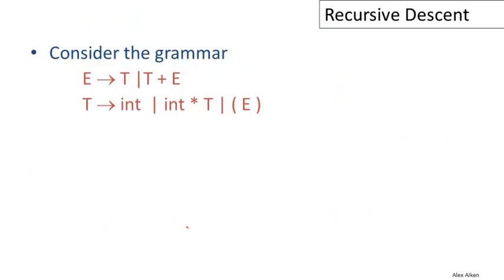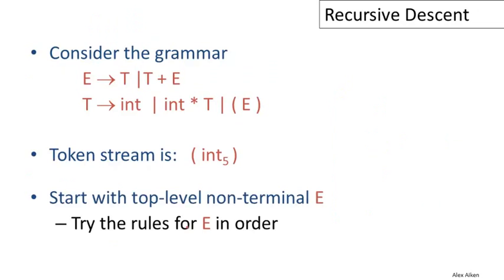So let's consider this grammar for integer expressions, and let's look at a particular input, a very simple one, just open paren 5, close paren. Now we're going to parse this using a recursive descent strategy. I'm not going to show you any pseudocode.